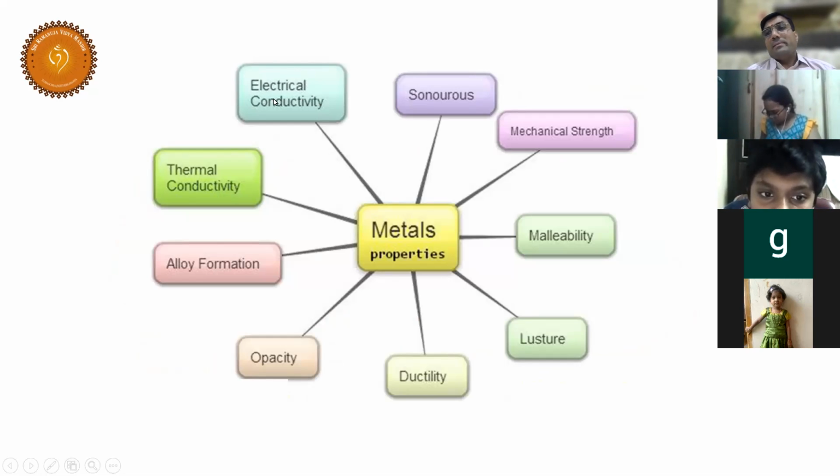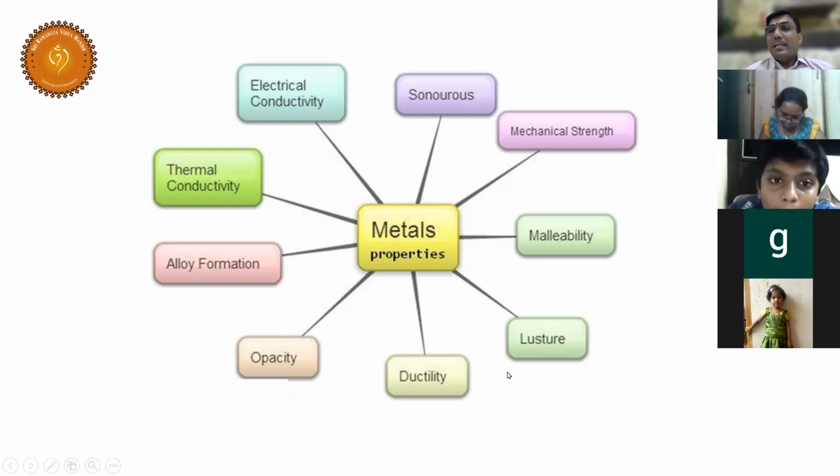Can you see copper wires are electrically conducting? Similarly, thermal conductivity, heat is conducting. Alloy formation. Alloy means two metals you can mix. Steel, for example. In steel, iron and carbon are mixed. Similarly, in gold also, copper is mixed. Opacity. Opaque means you can't see clearly.